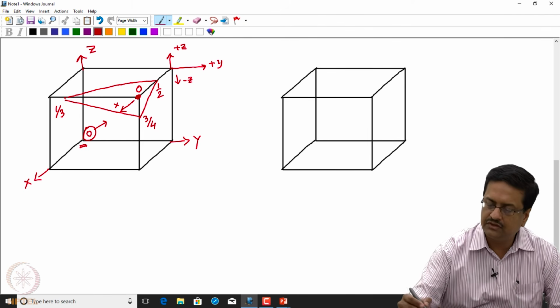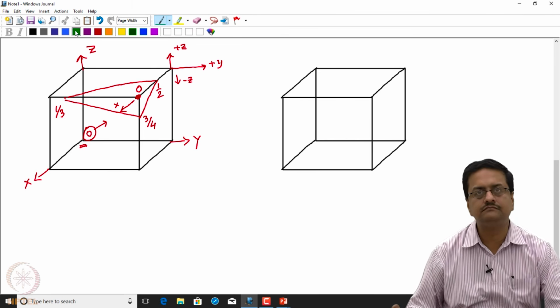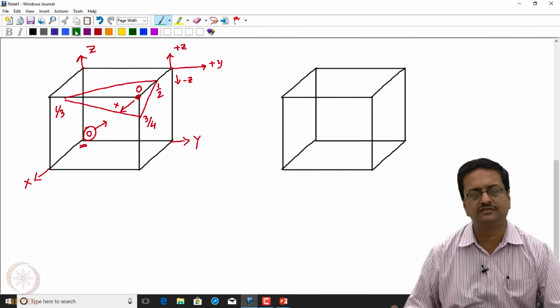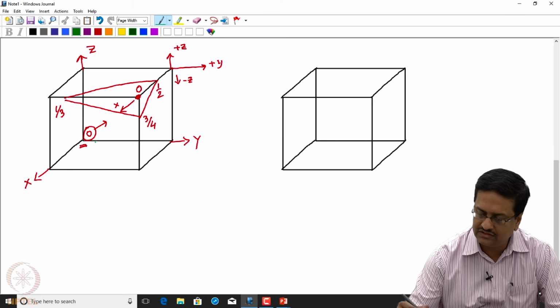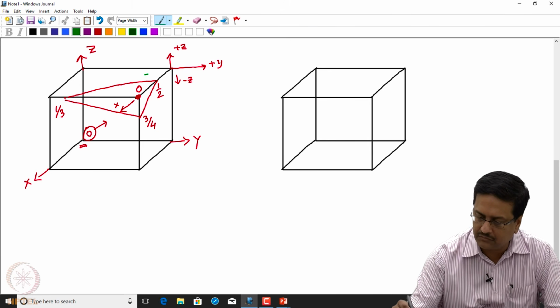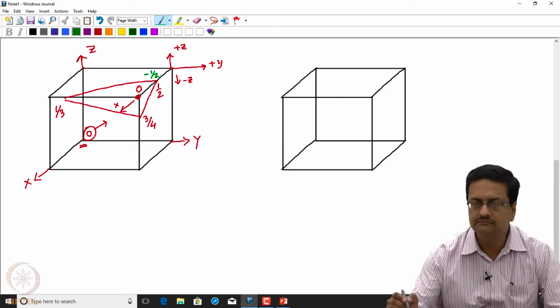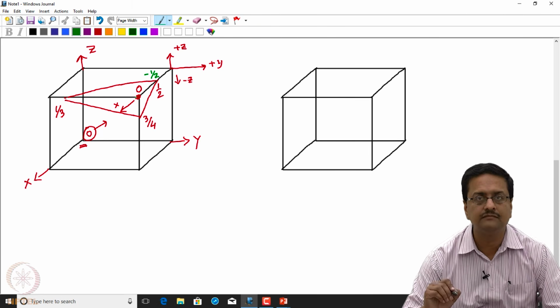So now with respect to this new origin, what are the intercepts? The intercept along x, along this direction, is minus half with respect to that origin.